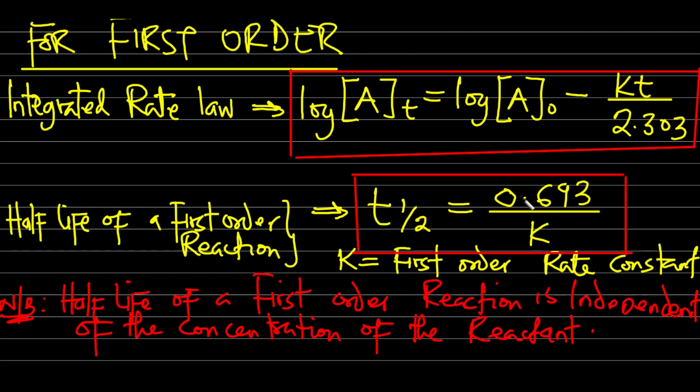So for this t half, we have 0.693 all over K. Now it is important to notice, if you look at this formula very well, that the half-life formula of a first order reaction does not in any way contain the concentration of the reactant. So I can simply say that the half-life of a first order reaction is independent.